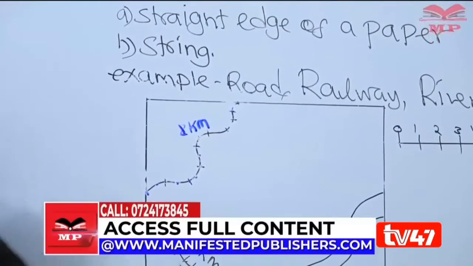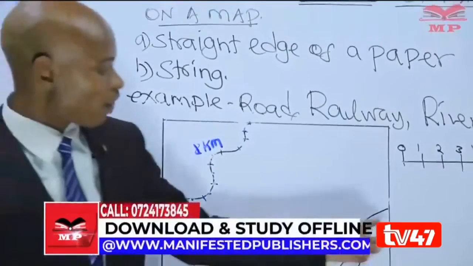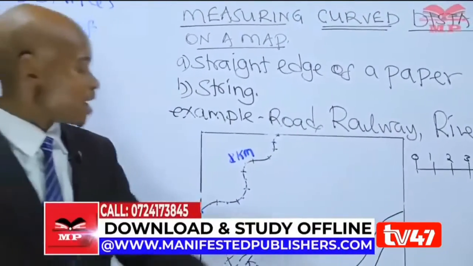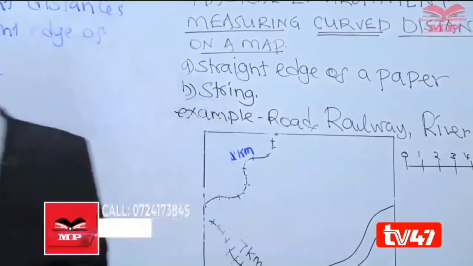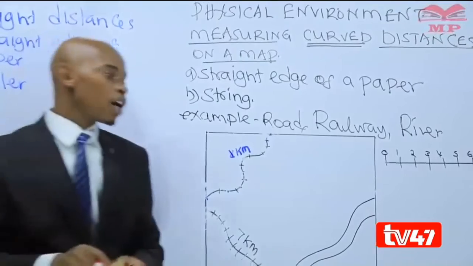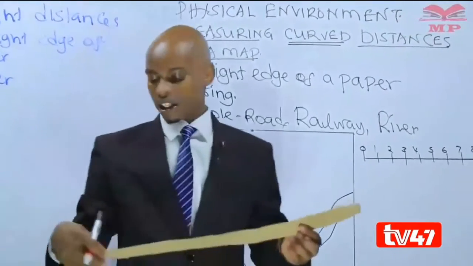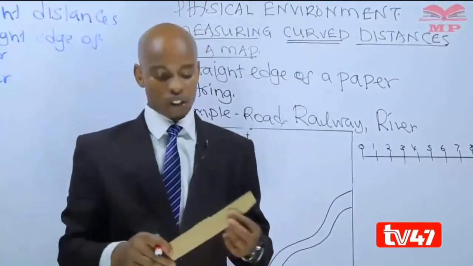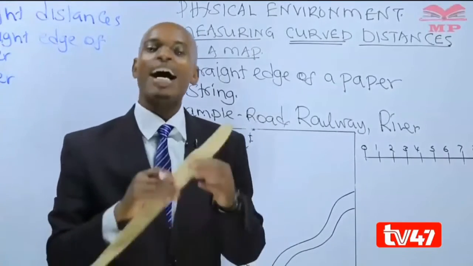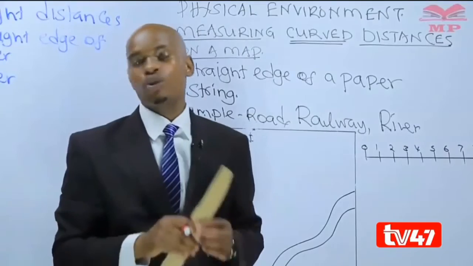We have measured our river and this railway, and we shall have our third example as this meandering road. So let me have another straight edge of a paper. The reason why I'm taking another straight edge of a paper is because you are supposed to use a straight edge of a paper that has no marking. I want to repeat that.